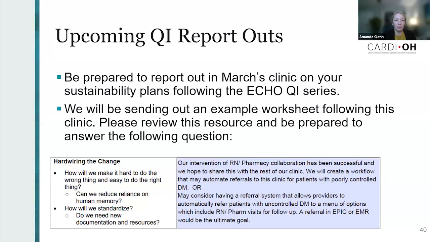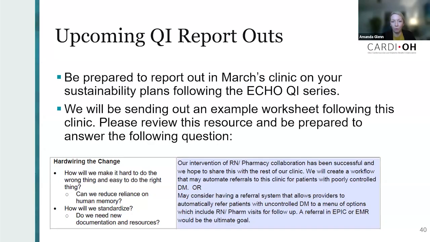So, reliance on human memory. How do we standardize? You've talked a lot about standardizing today, which I think has been really helpful in your processes. So talking about how to standardize, documenting that standardization and those resources for new staff, and ongoing training would be something to consider. This is just an example of an RN pharmacy collaboration that they found successful.